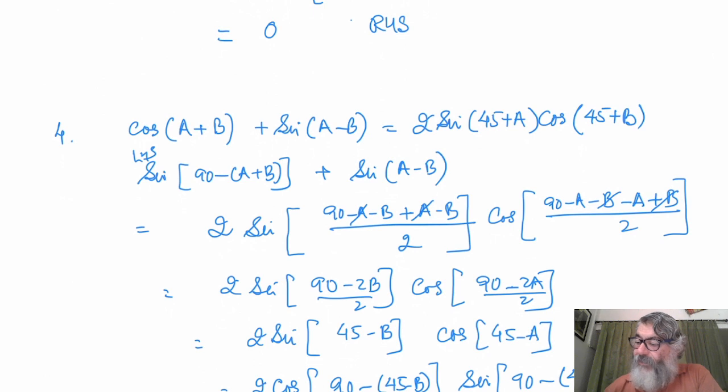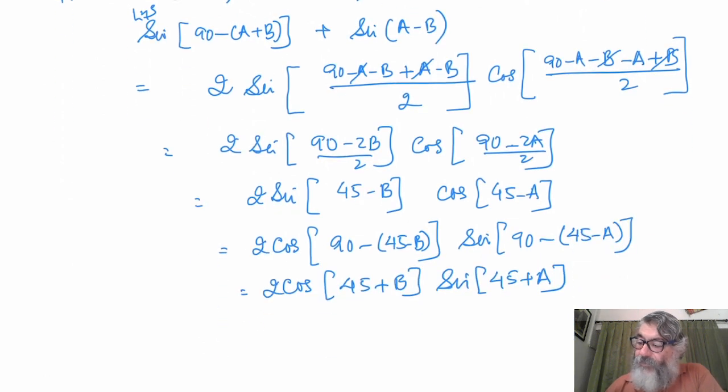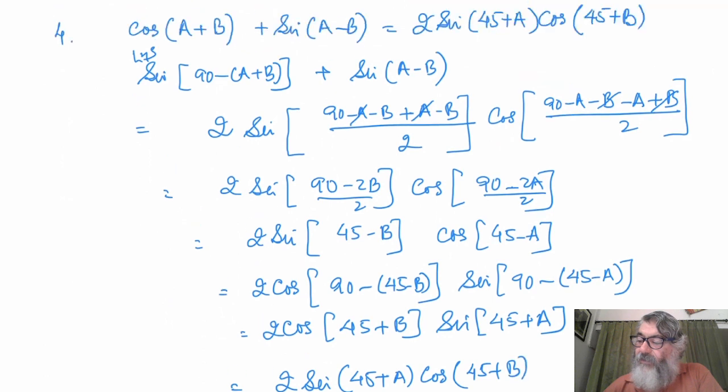So you get the answer as 2 sin(45 plus A) cos(45 plus B). That was the right hand side.